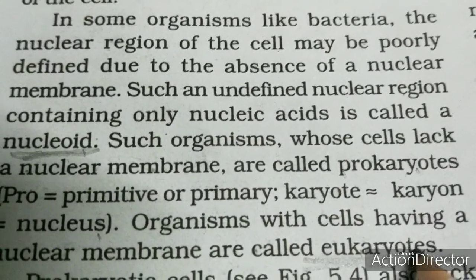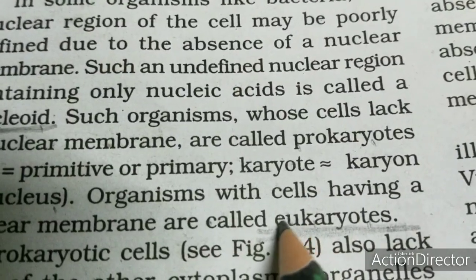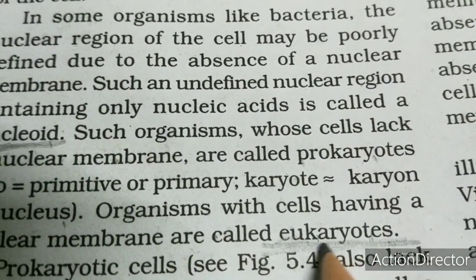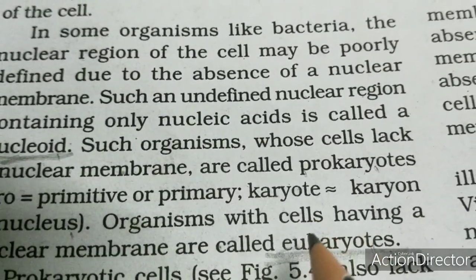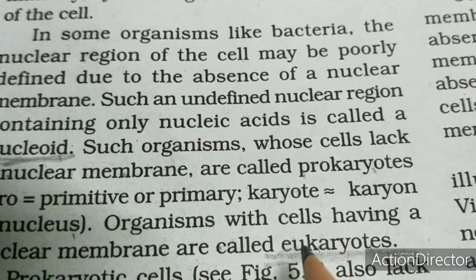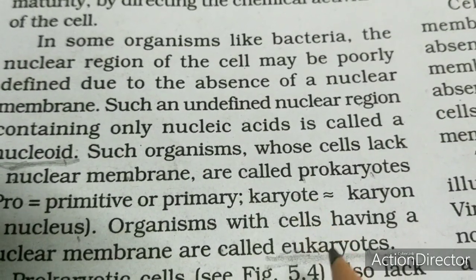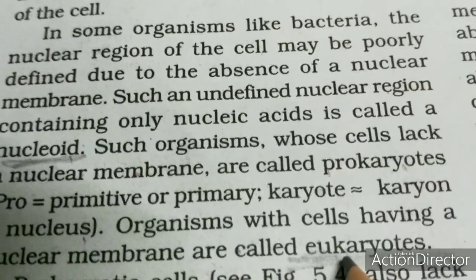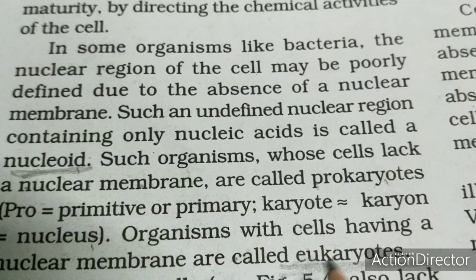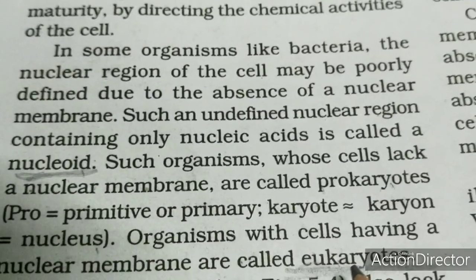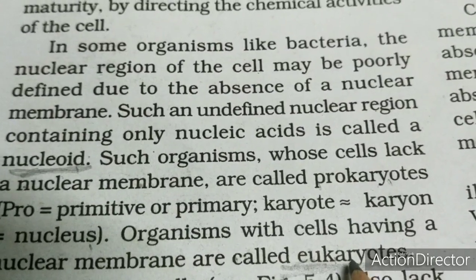Eu means true. Karyon refers to nucleus. So a eukaryotic cell has a well-defined nucleus with the nuclear membrane and the nucleic acids, and the organisms which possess eukaryotic cells are called eukaryotes, and eukaryotes also possess well-defined cell organelles.